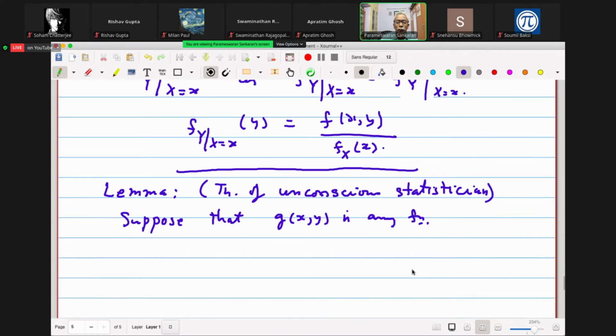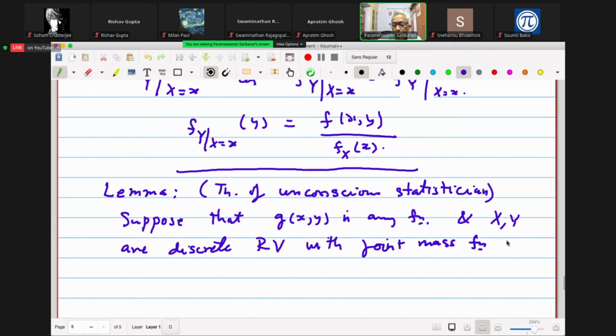Then I can just compose this and get the following. X and Y are discrete random variables with joint mass function f_XY. Then you can just substitute in the place of x and y; g of X comma Y is a discrete random variable.